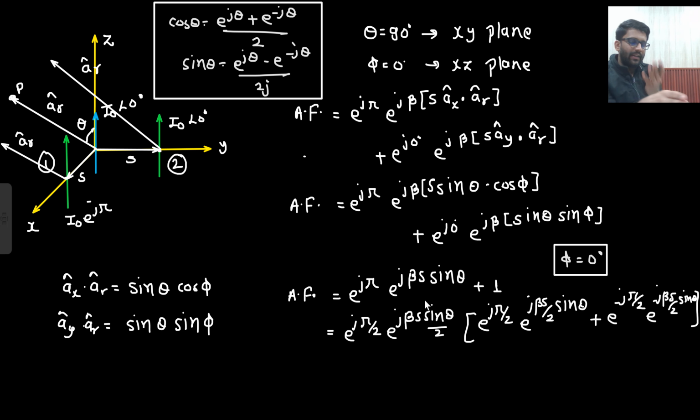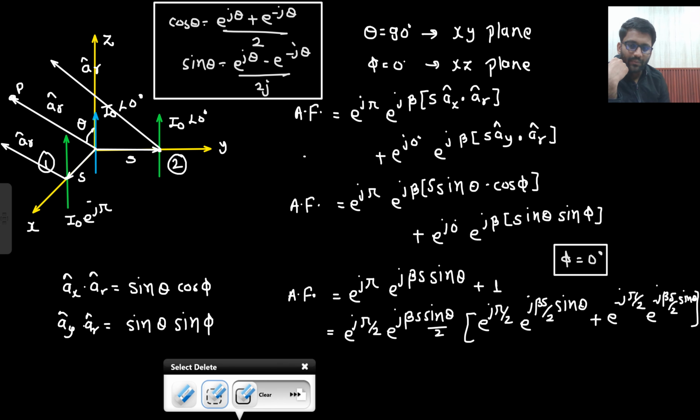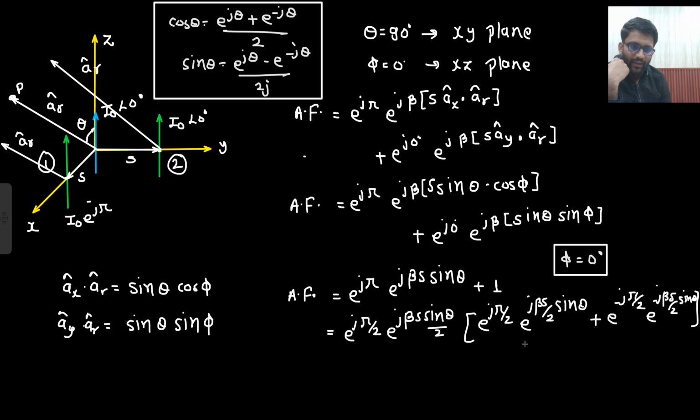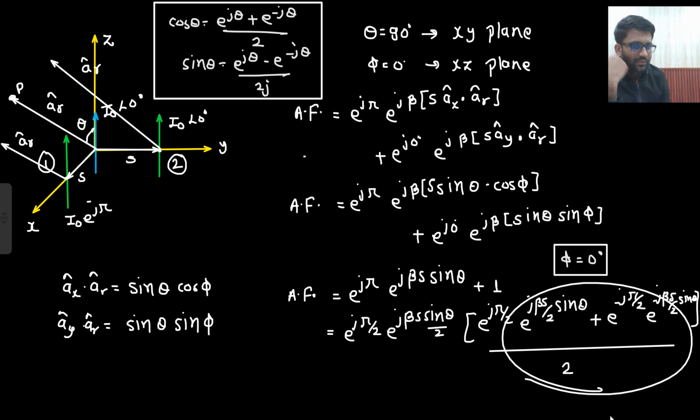Right? Here I just took this outward. Now if I divide it by 2, what am I getting? This will be equal to cos of some angle, right? And this is as it is. So this is my array factor.